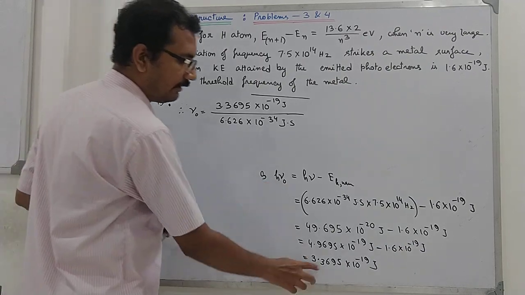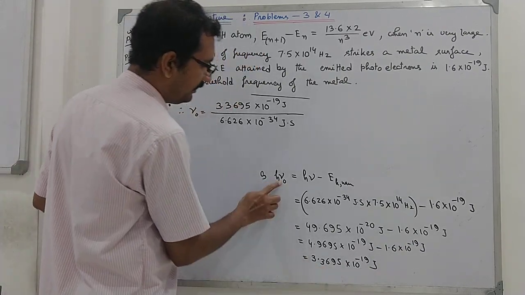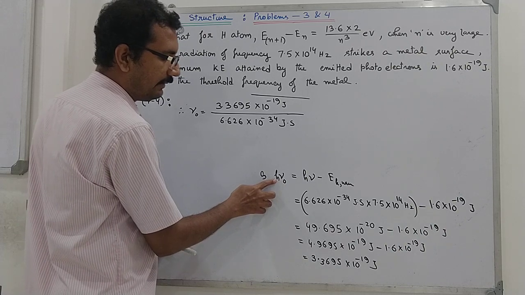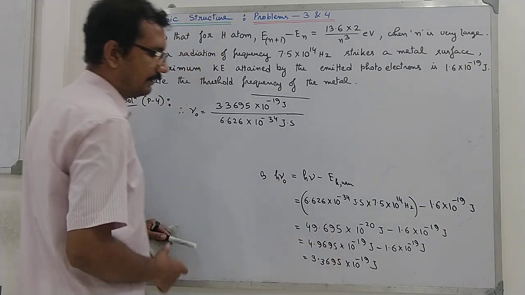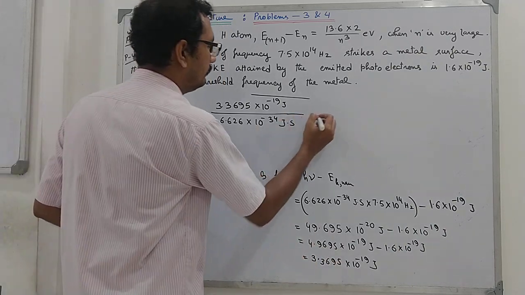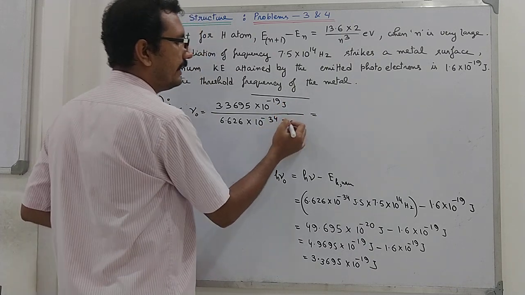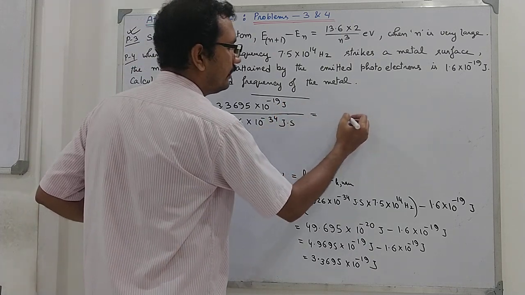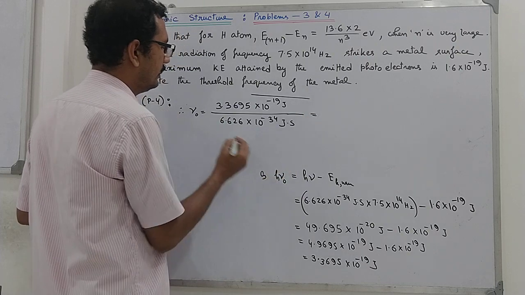See, this h nu 0 is this one. So what will be the value of nu 0? You have to take this h to the right hand side. Now joule will cancel out. This second will come to the numerator and it will give you second inverse, that is Hertz.